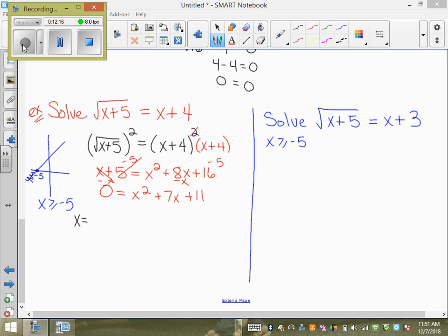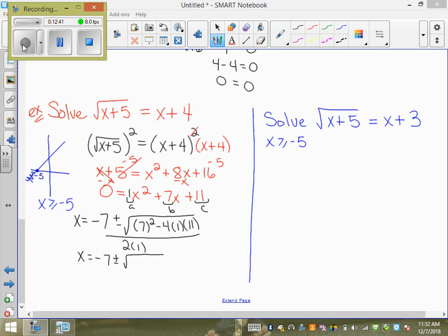x equals -7. So this is my A. B. C. Plus or minus the square root of 7 squared minus 4 times 1 times 11 all over 2 times 1. -7 plus or minus the square root of 49 minus 44, oh, that was some really bad math for a second. √5 over 2.